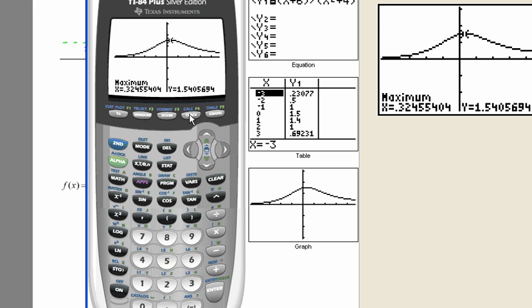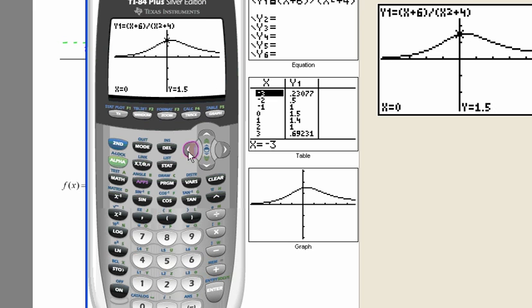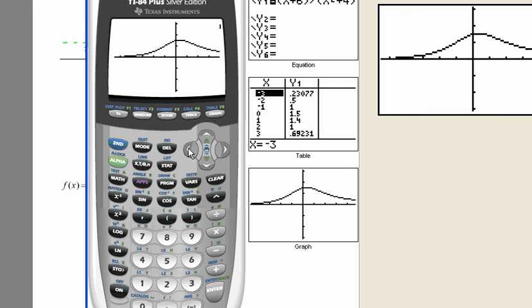Let's see what happens to the left as we trace it and go to the left. Let's see what happens at the -6. So notice I'm still riding above the y-axis. My y values are positive. That means I'm on top of the positive values on the y-axis. Let's see what happens as we get closer to -6.